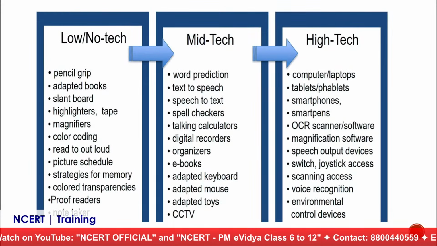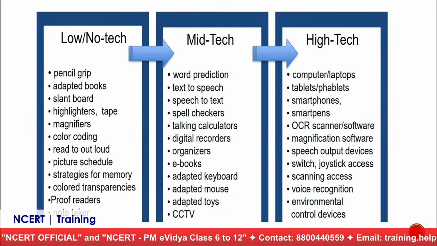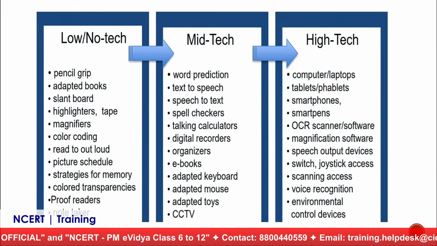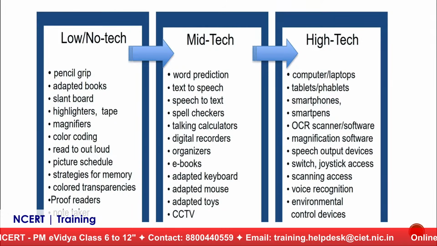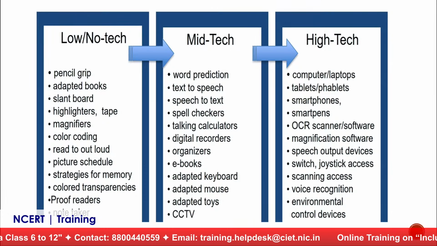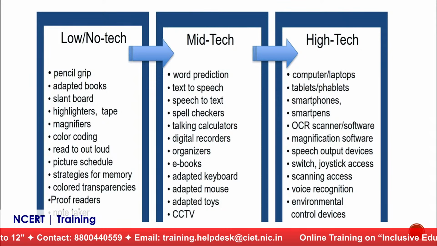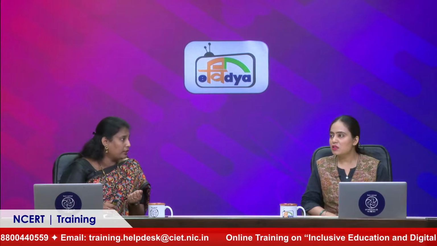Then of course the high tech: you need a computer, a laptop, a desktop, probably programmed software which is going to be useful for children with different disabilities. For example, virtual labs, which any child can use no matter where you are and what kind of student you are.